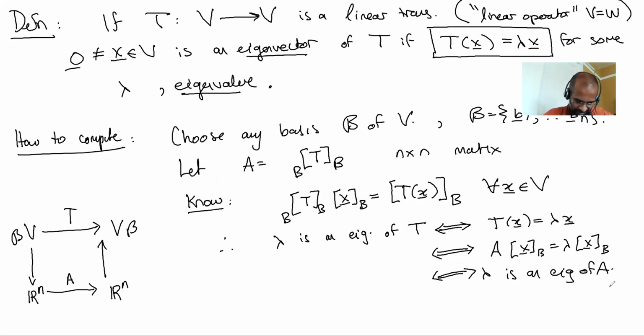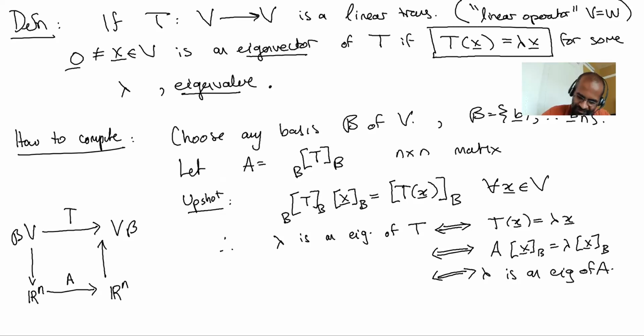Let me do an example. But any questions before the example? Maybe I should call this the upshot, because this is the point. Okay. Can you explain what is the linear operator V equals W?